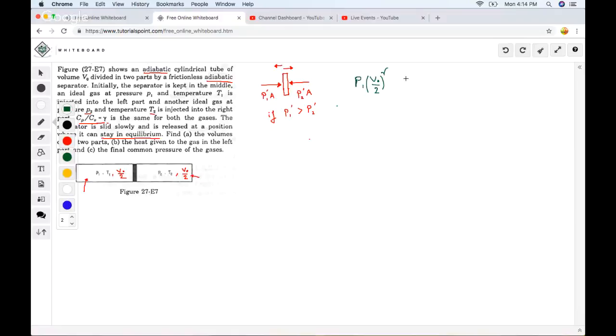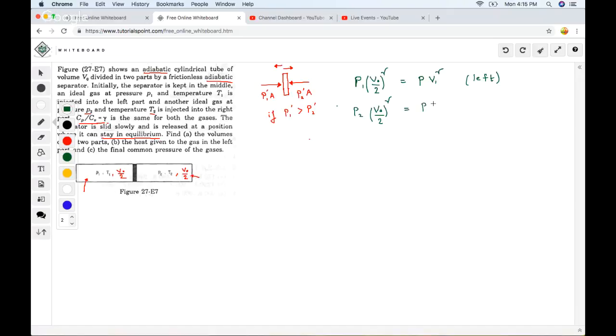So P1 into V naught by 2 raised to power gamma should be equal to what? Let's say the final equilibrium pressure is P. So that into V1 raised to power gamma. Fine, this is for the left portion. For the right portion, you can write P2 into V naught by 2 raised to power gamma is equal to what?